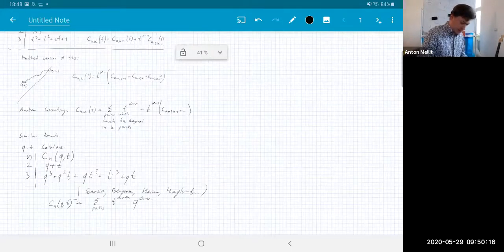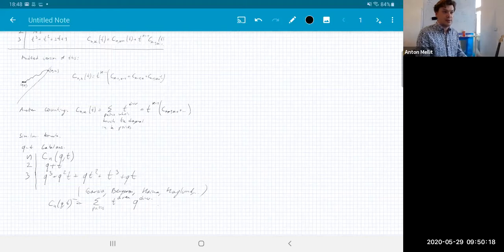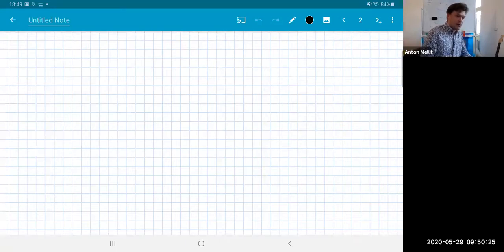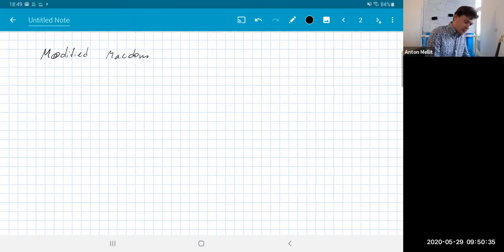So on one side you have this counting of Dyck paths, for which you can write recursions, and then here is another side. So I need modified Macdonald polynomials.